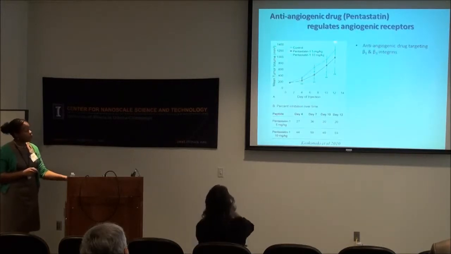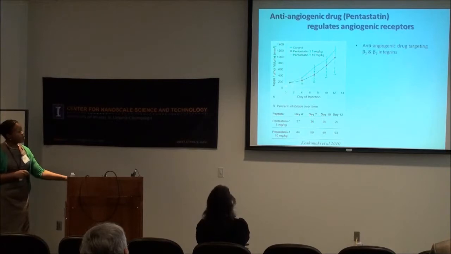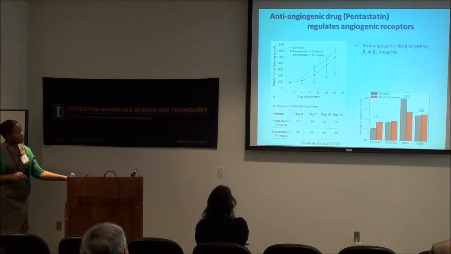So here we looked at pennistatin, which was previously shown to be an anti-tumor agent targeting beta-1 and beta-3 integrins. And it's also shown to have anti-migratory as well as anti-proliferative effects on HUVEC cells.